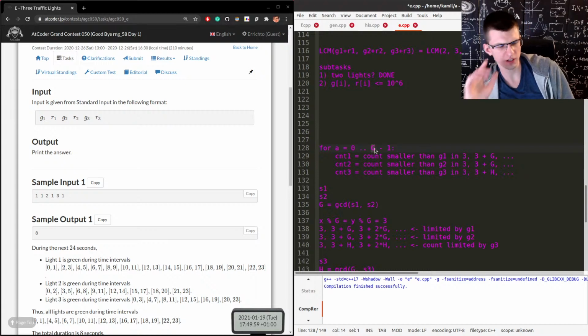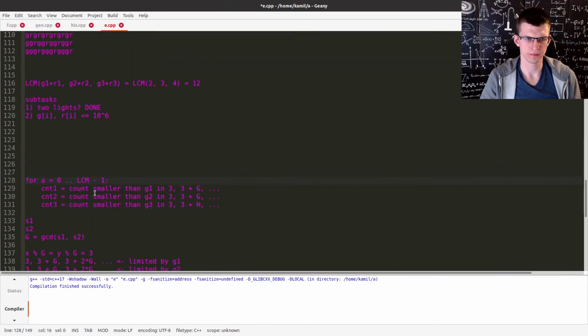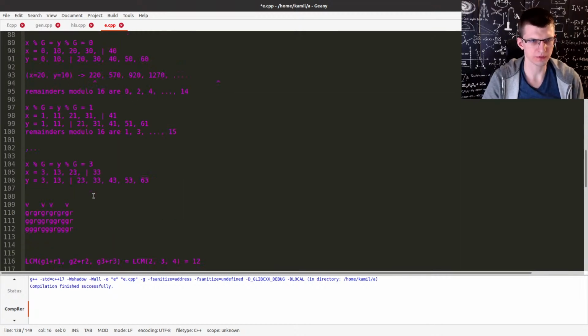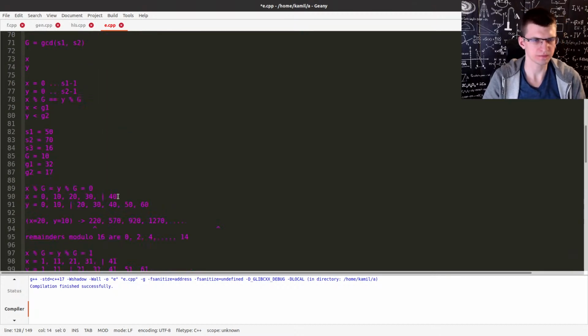Why do I take G again? Maybe this should be LCM. Yes, this should be LCM. Where is my example from before? When I had 50 and 70, I wrote down values up to 50. So the starting one was up to G.